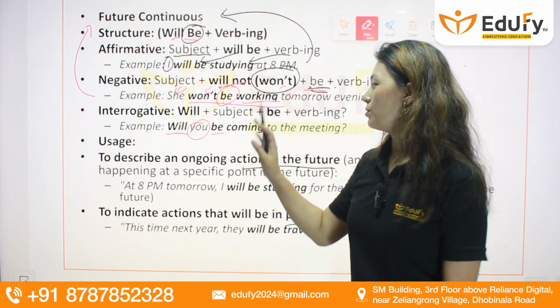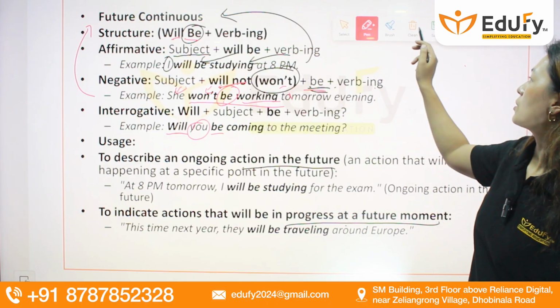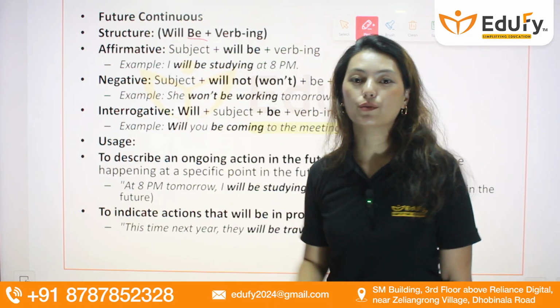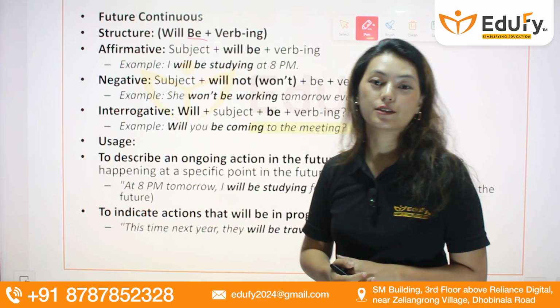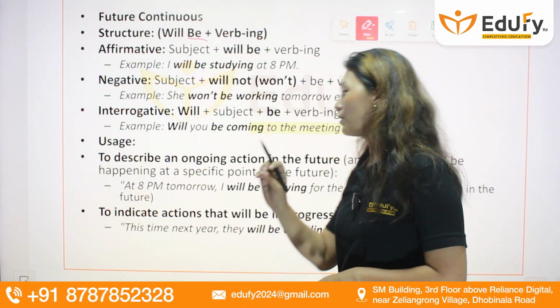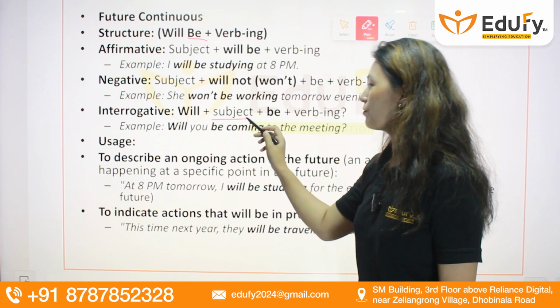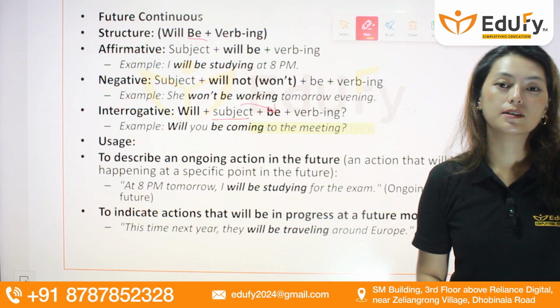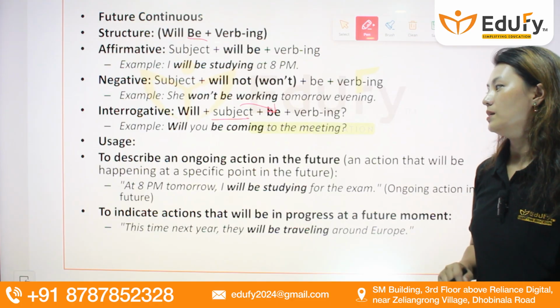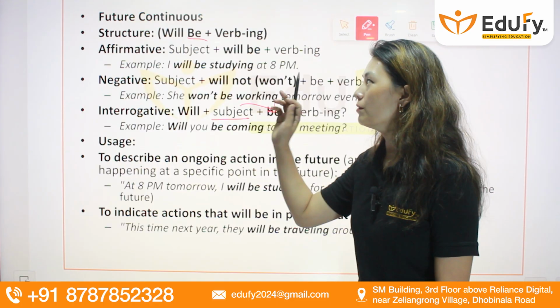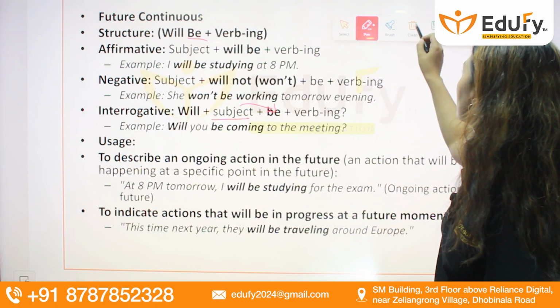A lot of times people get confused because of the structure, since we add be along with will. So we tend to ask questions, will be you, right? So that is incorrect. Absolutely incorrect. You will have to write the subject first before you bring the word be. So will you be coming to the meeting? This is how you write a future continuous sentence.